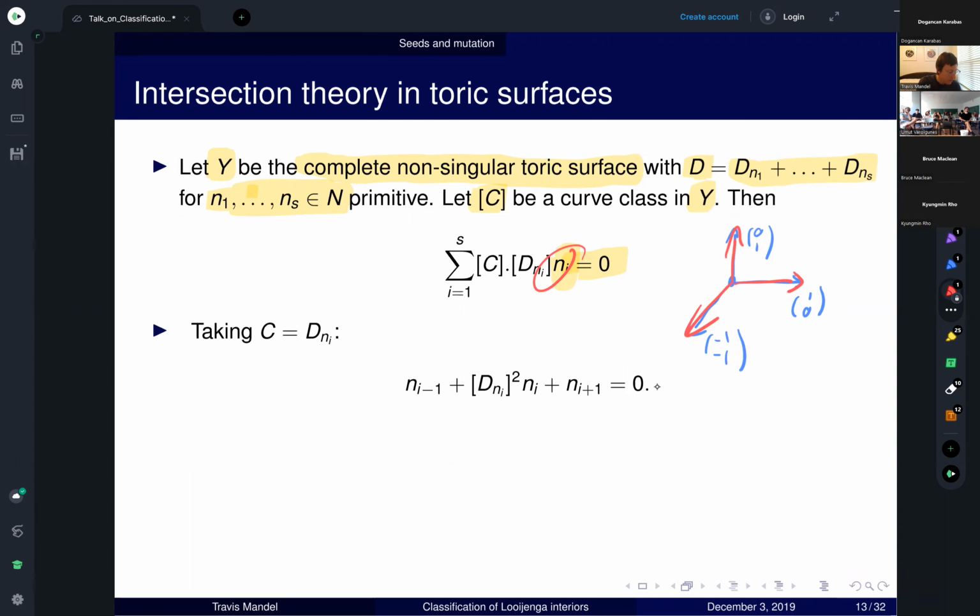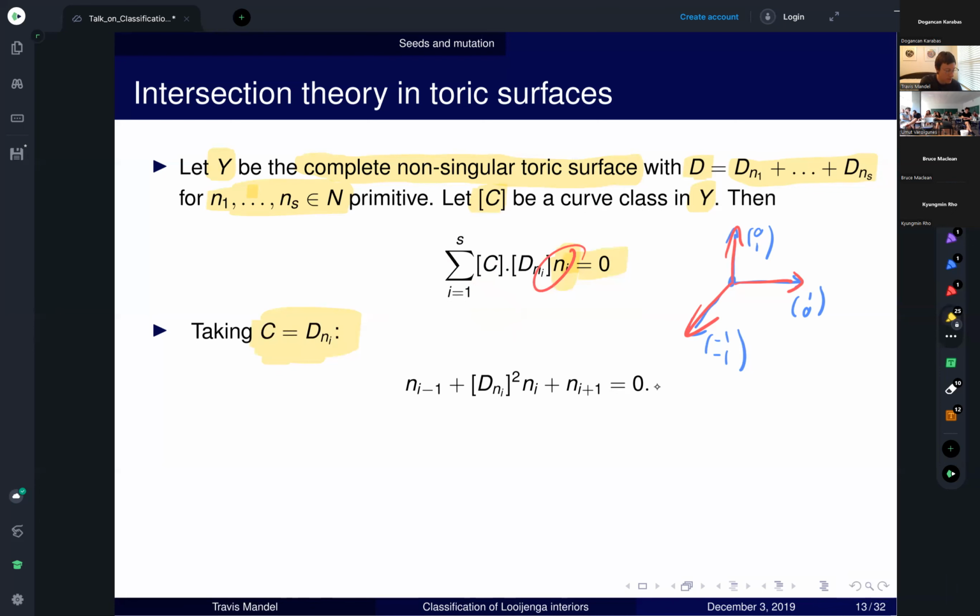All right, so let's look at the special case where the curve C is actually one of your boundary divisors. So this equation works for toric varieties in any dimension, but in 2 dimensions, your boundary divisors are also curves. Your divisors are curves.